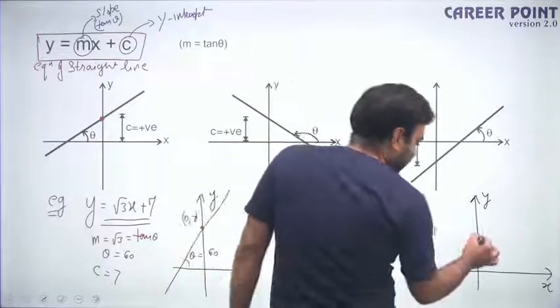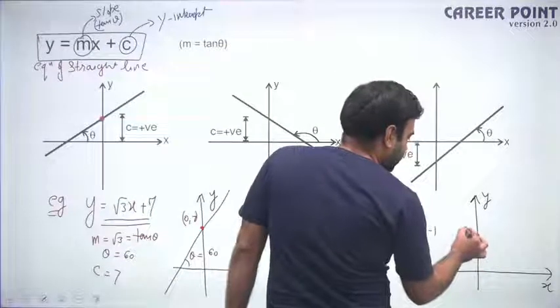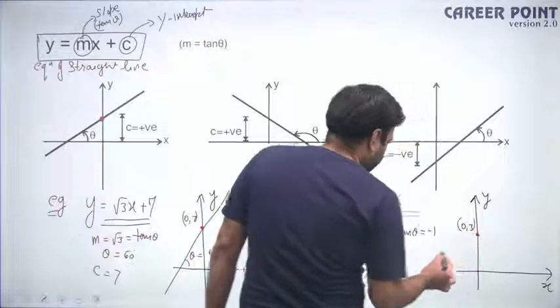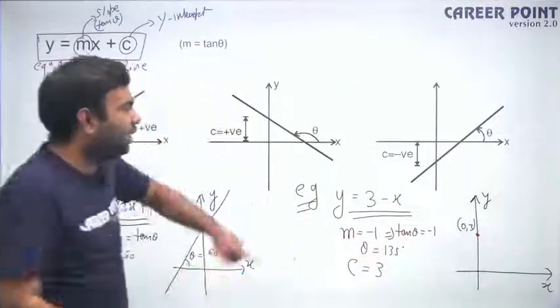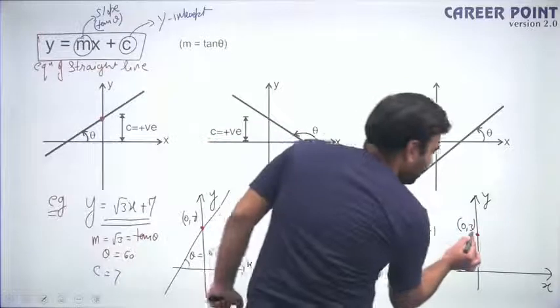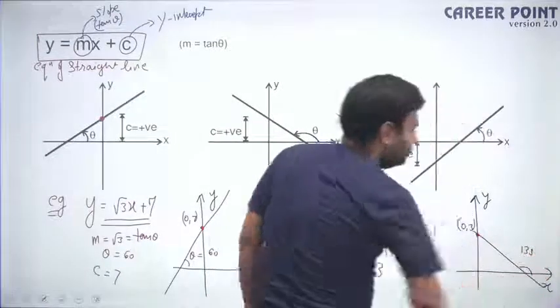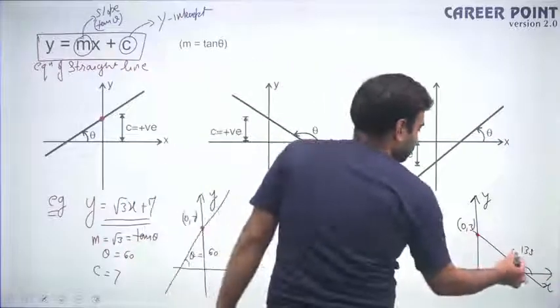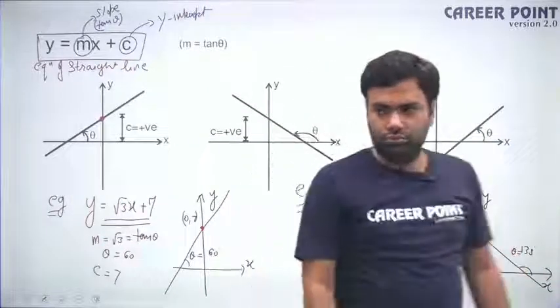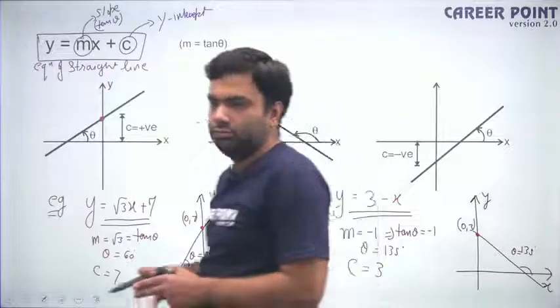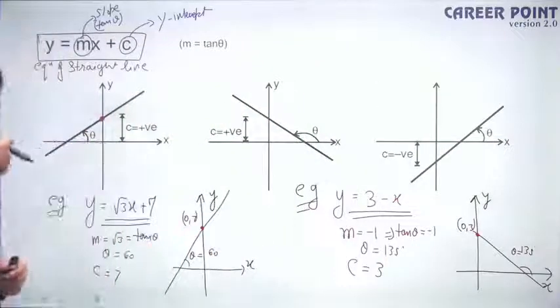That means it will cut the y-axis at this point (0, 3). And it will make 135 degrees in anti-clockwise direction from the x-axis. So the graph will be like this. Okay. Clear? So it is very simple.